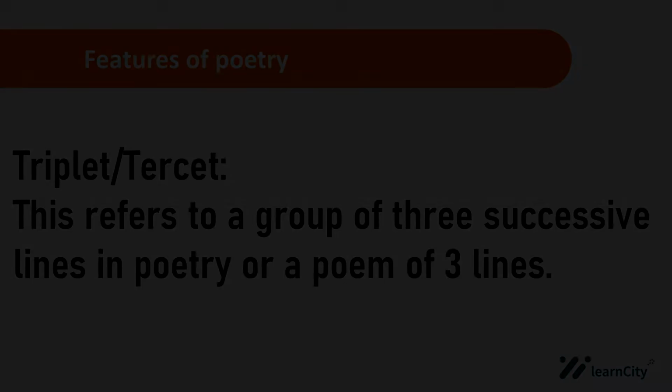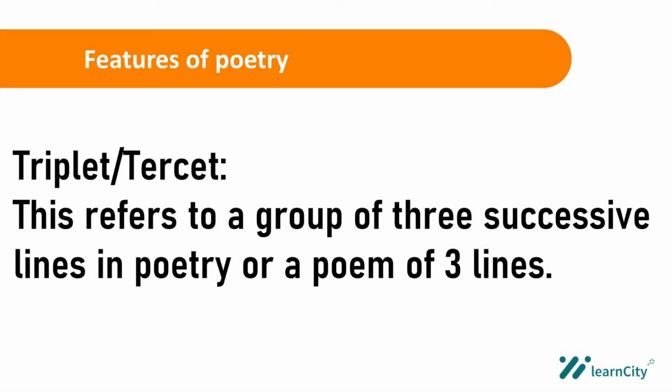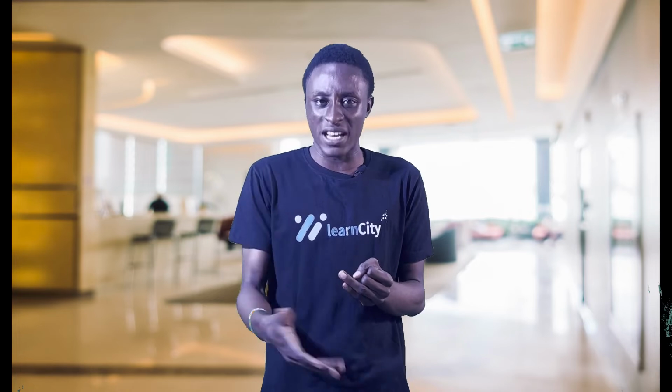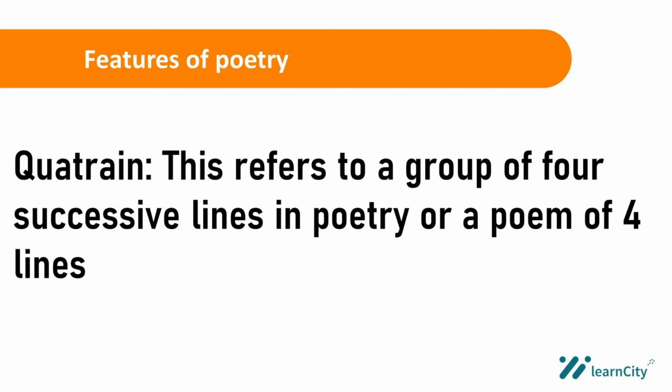Now, a tercet or a triplet is a poem of three successive rhyming lines. Tercet is spelled T-E-R-C-E-T. A four-line poem, or a poem of four successive rhyming lines, is called a quatrain.